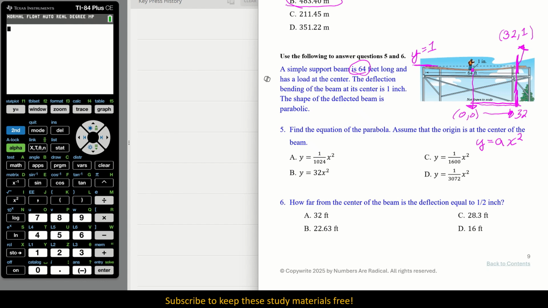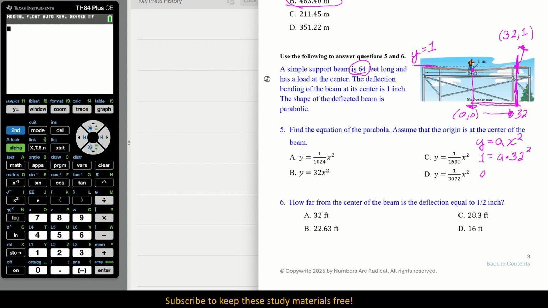So then we go out here to where we have 32 and 1. So we know y equals 1, and it's because we have a value other than 0 that I want to use that one. And then that is a times 32 squared.